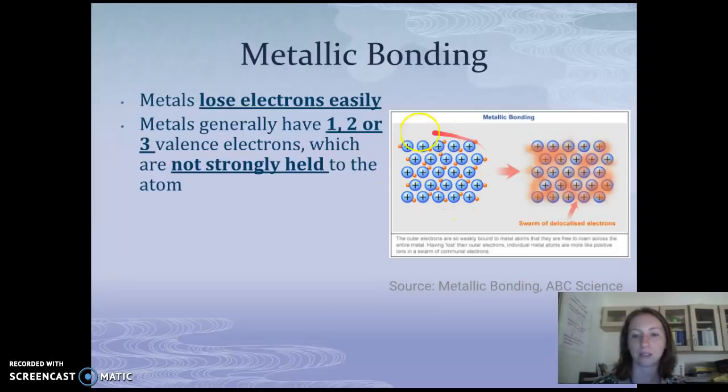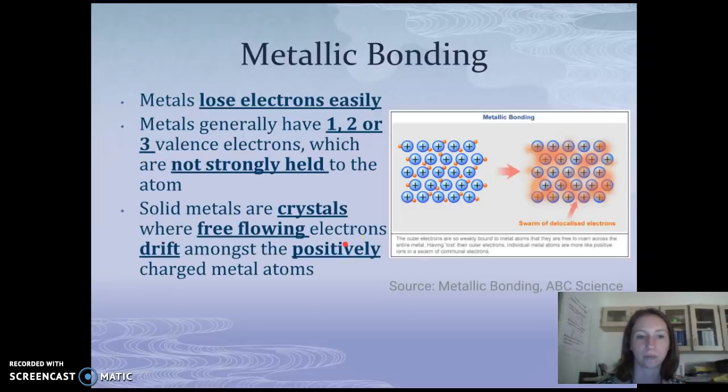And because that sea of electrons is floating, the nuclei end up being more of a positive area, and that forms a kind of bond between them. So you end up with all of these metallic atoms bonded together in this sea of electrons.